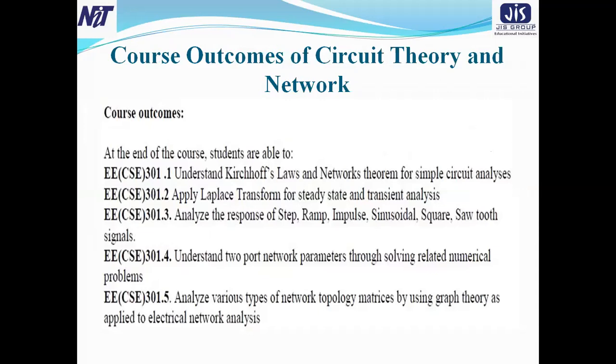I'm just showing you the course outcomes of circuit theory network. There are a total of 5 course outcomes for this subject, and the topic of coupled circuit, or you can say the magnetically coupled circuit, is in CO1, or we can consider it in CO5.